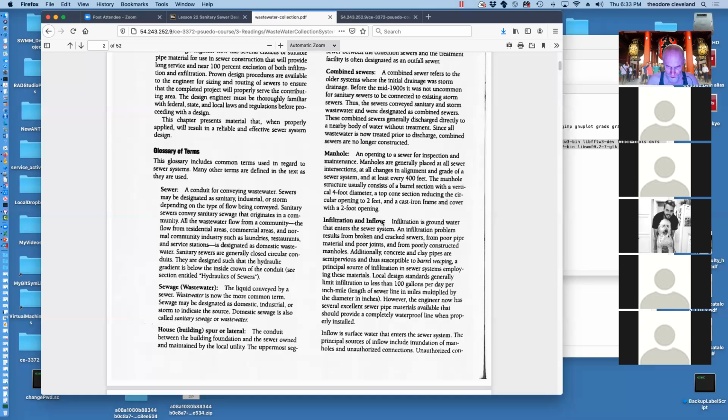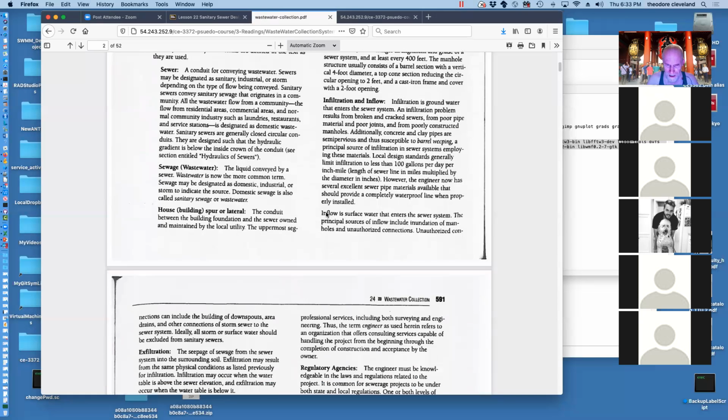infiltration and inflow, which we discussed a little bit at the end of last meeting. In this case, infiltration is groundwater that enters the system, and it discusses the different ways that it can happen. And inflow is surface water that directly enters the system, and the principal sources are through maintenance shafts and unauthorized connections.